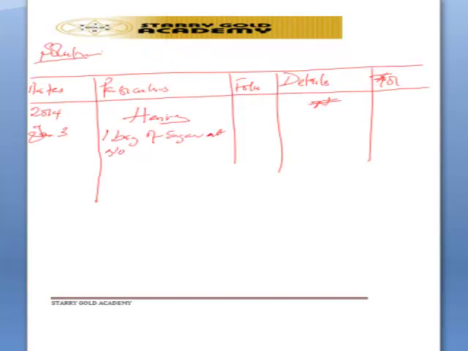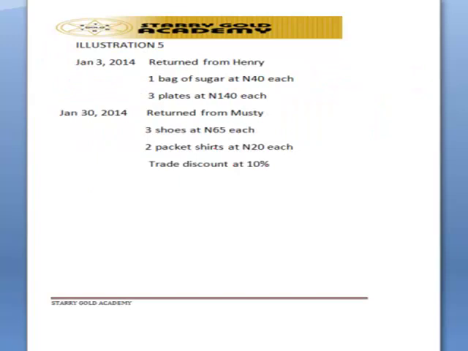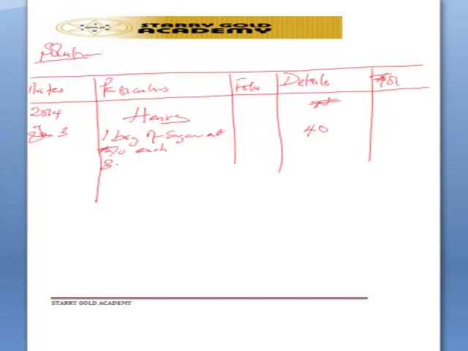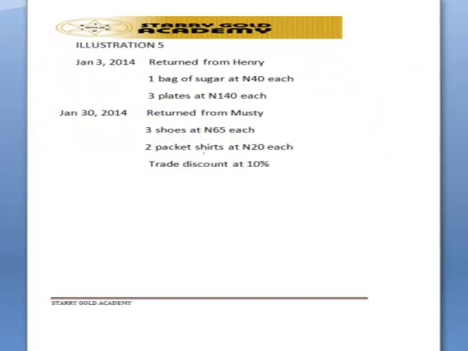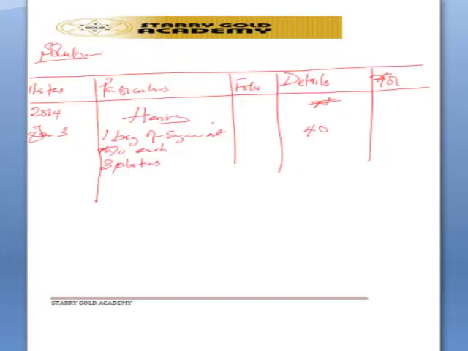So that will give us 1 times 14, that is 14. Then 3 plates at 140 each. That will give us 3 by 140.